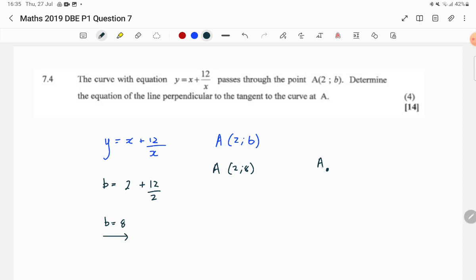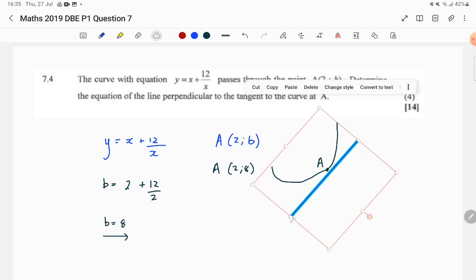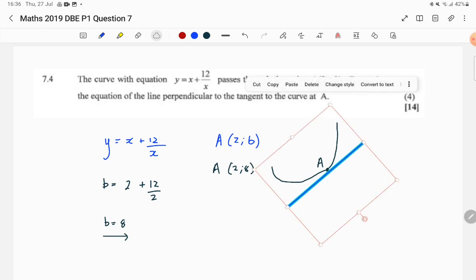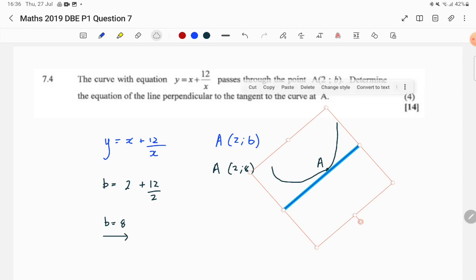Let's say that's our curve, whatever it is, and that's our tangent. Let's make sure it's only touching at one point. Okay, there's our tangent.